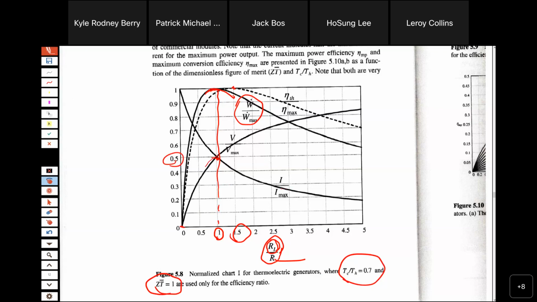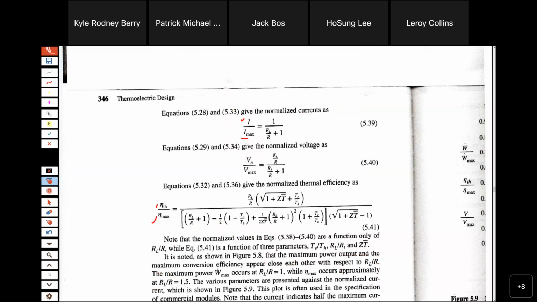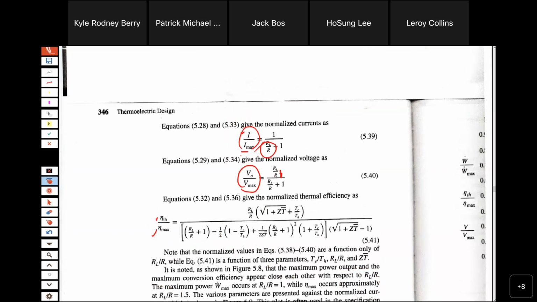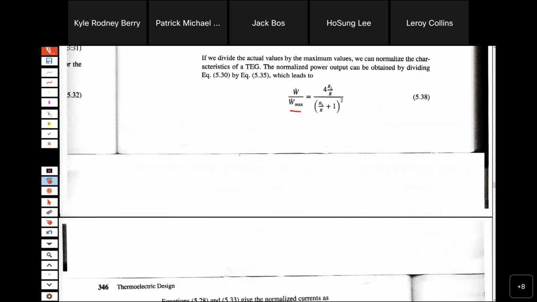Anyhow, for efficiency I only need this and this. Others I don't need. Look at that. Voltage is only a function of RL over R. Current is only a function of RL over R. Even power is interesting.